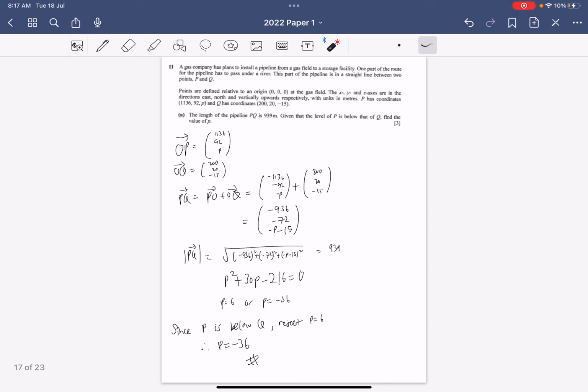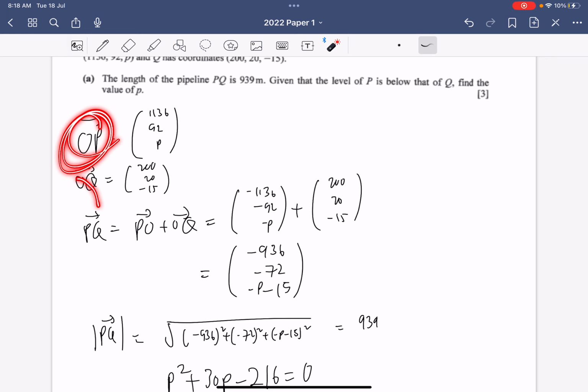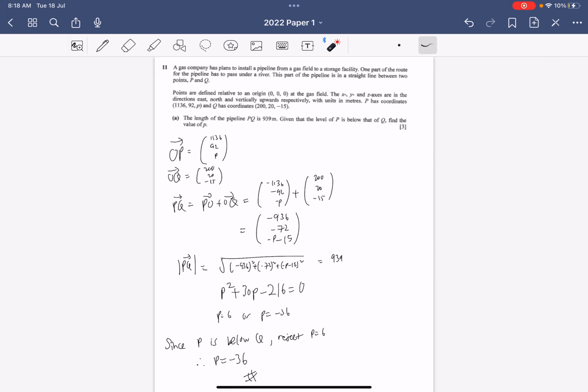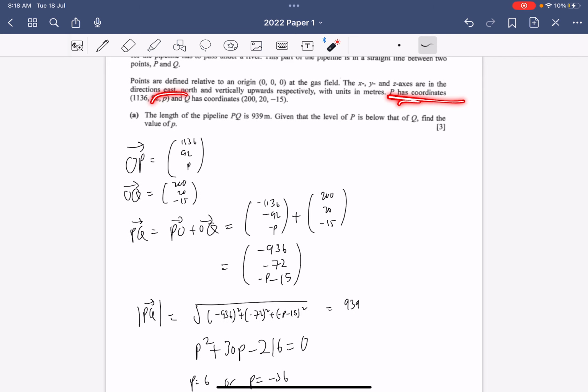Moving on, the question just tests your understanding of vectors. And for vectors, what I really like to practice is just writing points in terms of these position vectors, because it makes everything very simple, and I'll show you why. So they just tell you that P has this coordinate, so you just put OP as this vector, Q as this coordinate, OQ as this vector, and then PQ must always be PO.